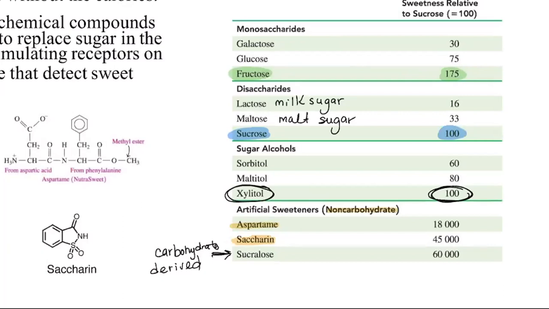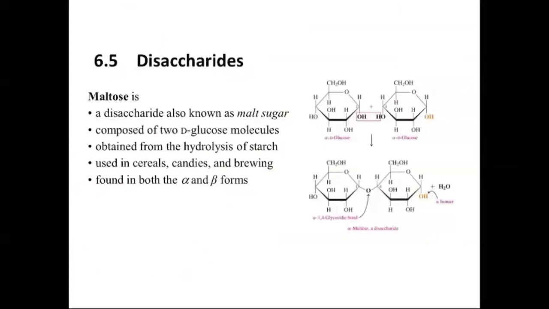Now, we are going to finish up talking about the other types of carbohydrates that I mentioned when we started talking about carbohydrates, starting with disaccharides. As I just mentioned a few moments ago, first, we're going to talk about maltose.